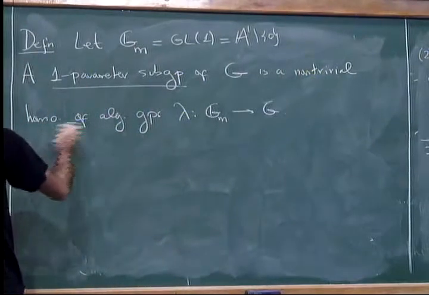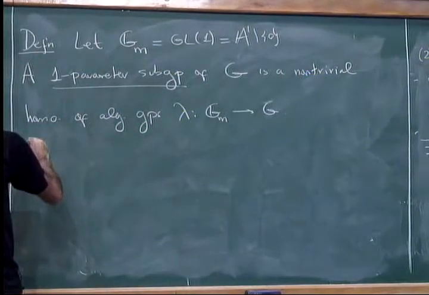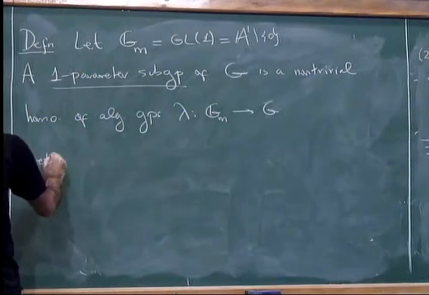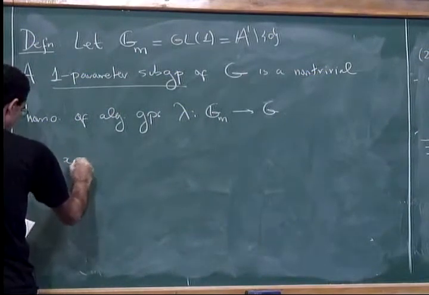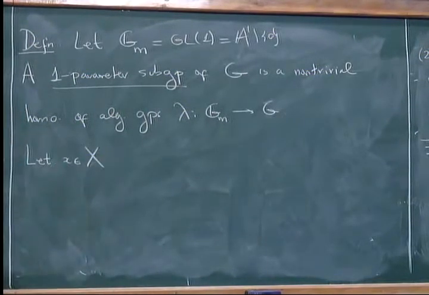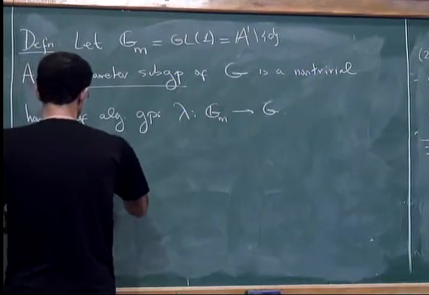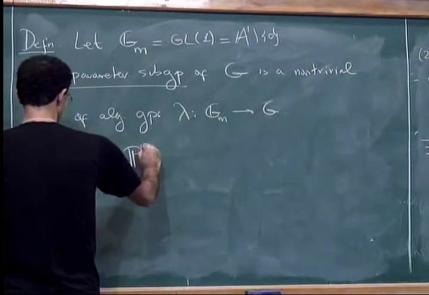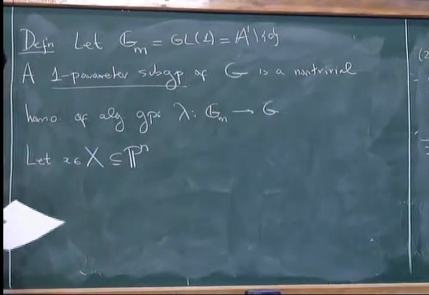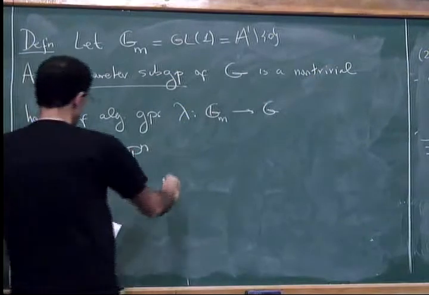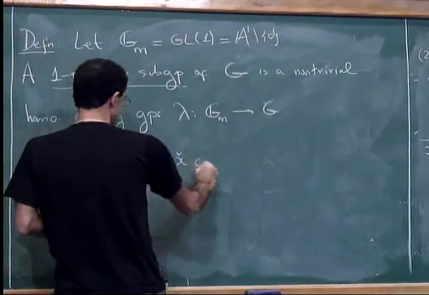So what can we do with a one-parameter subgroup? We can define a numerical invariant associated with a point x in X, and with the action of the group, of course, in the following way. We pick a point in X, we pick a lifting of that point.